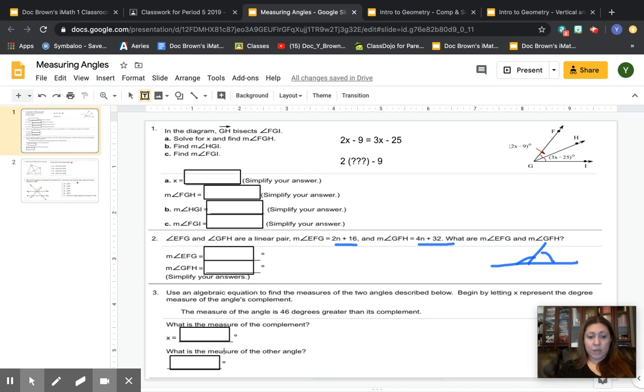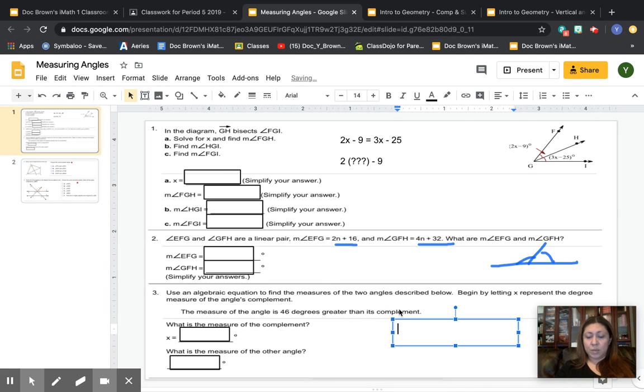So we need to know what x is, and we need to know what is the measure of the other angle. Okay. So what does complementary mean? It's 90 degrees. So this is saying x plus 46 equals 90.